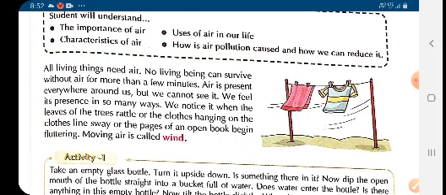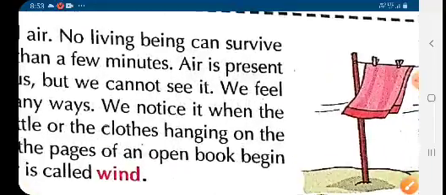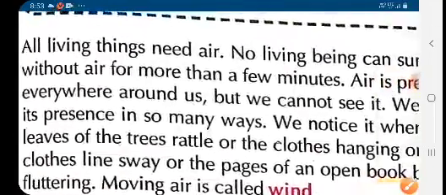Animals also breathe, as we have studied in our previous chapters. Similarly, plants also breathe. No living being can survive without air for a few minutes.